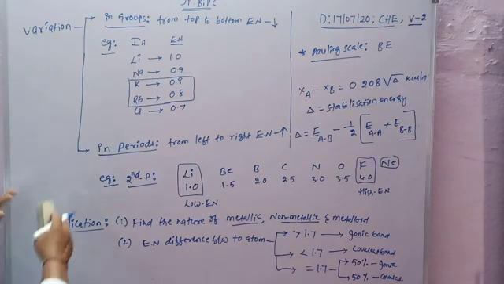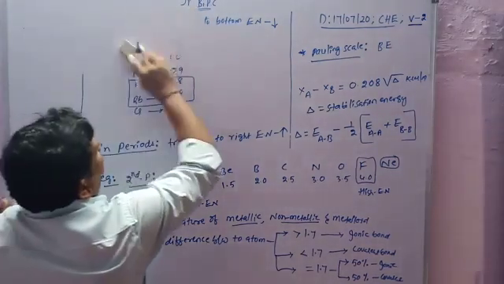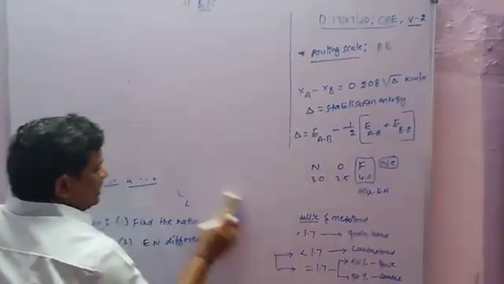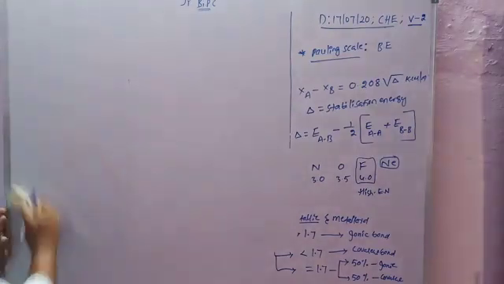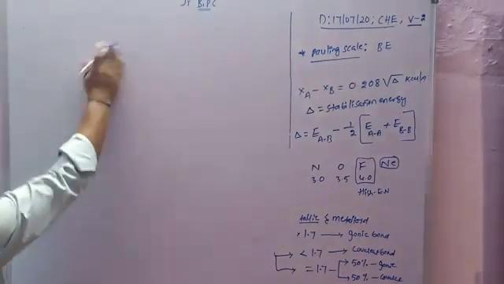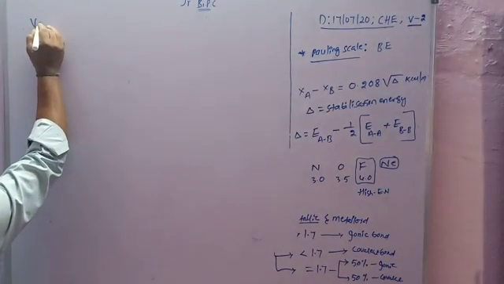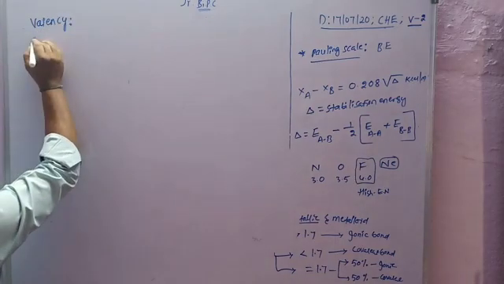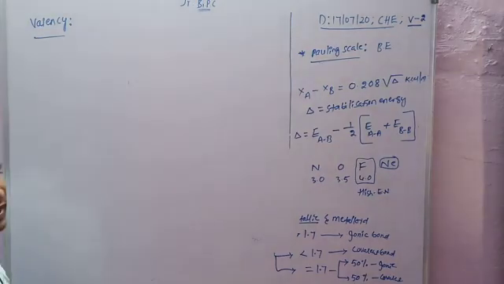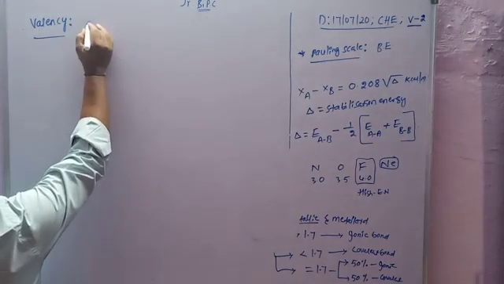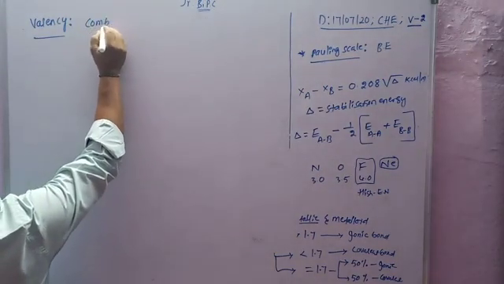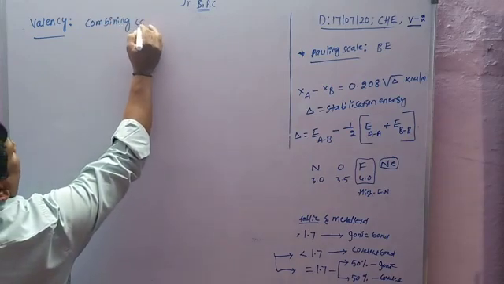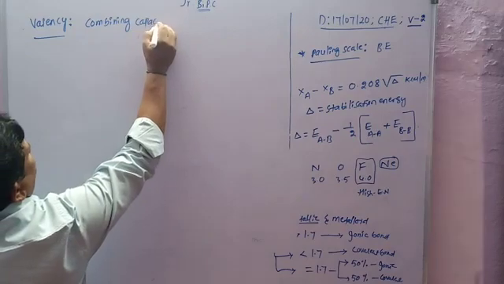So now, next concept is valency and oxidation numbers. What is valency? Valency is the combining capacity.